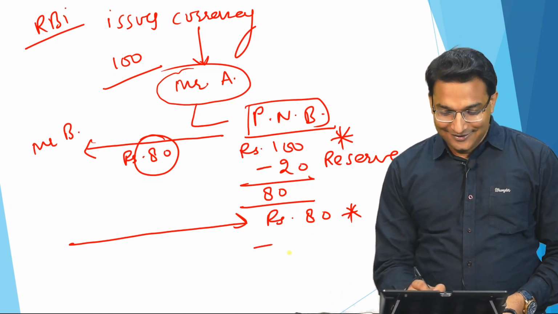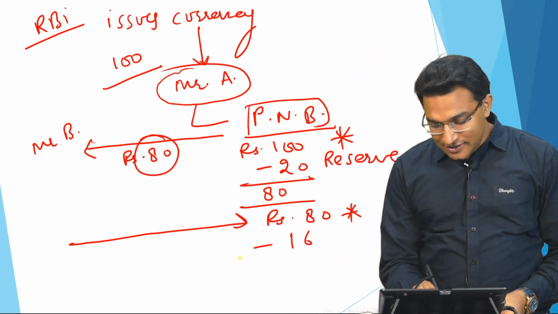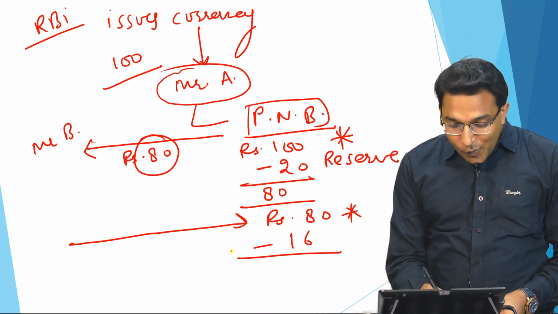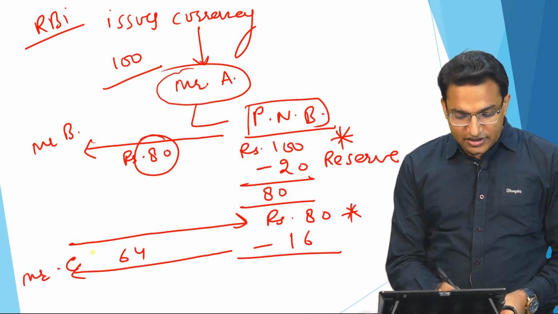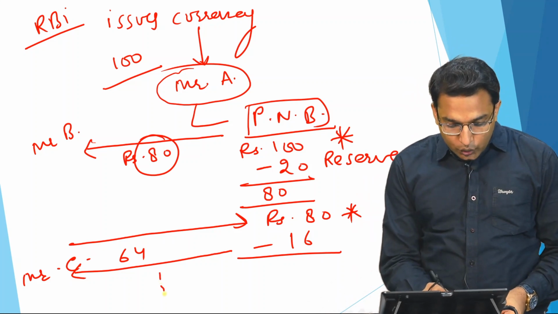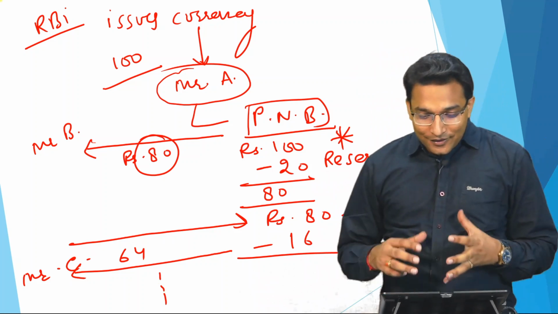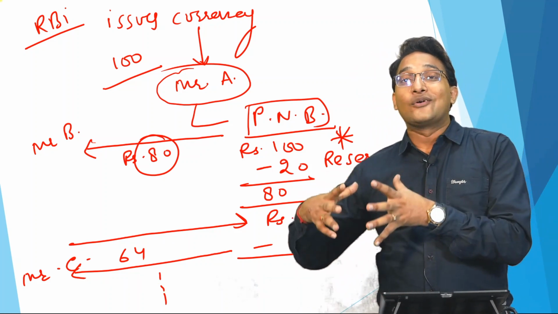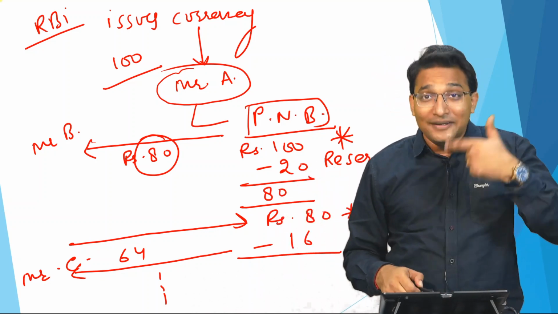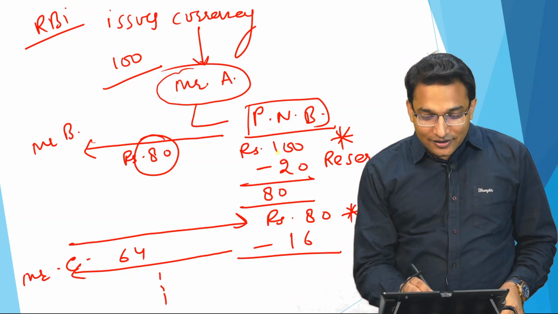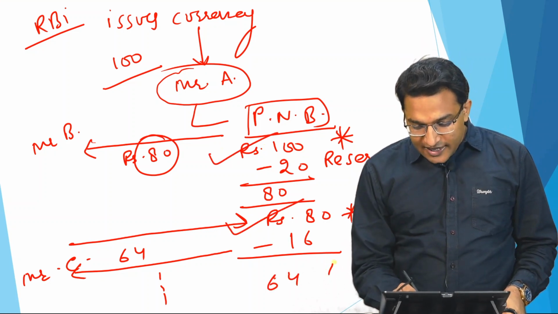Now again, the bank will keep 20% amount as reserve, for example, rupees 16. So now how much amount can it lend? So it can lend 64 rupees to Mr. C. And this process continues. Right? So this process is called the money multiplier mechanism. And how is the money getting multiplied? Can you see? First 100 rupees, then 80 rupees, and now 64 rupees, and so on.